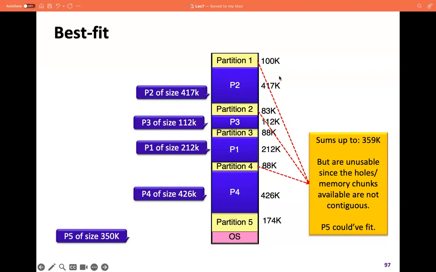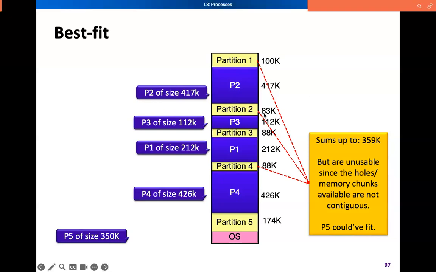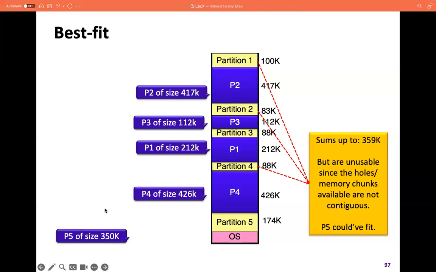So where else can we put it here? The available holes are partition 1 of size 100K, partition 2 of size 83K, partition 3 of size 88K, partition 4, 88K also, and partition 5, 174K. None of these is enough to cater to P5 of size 350K.